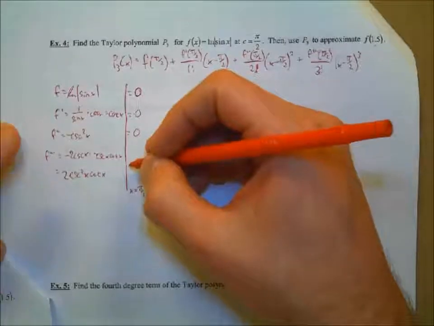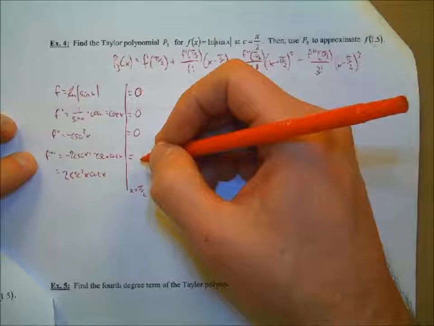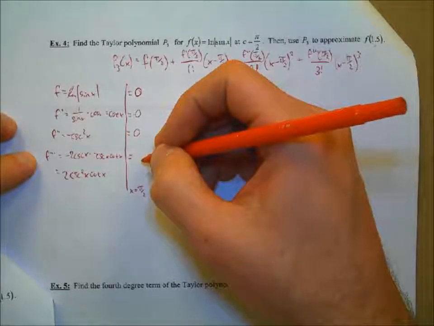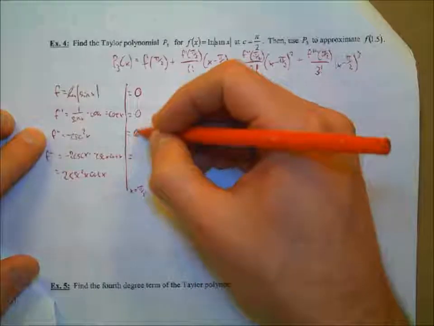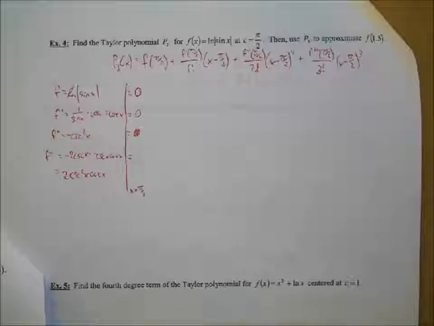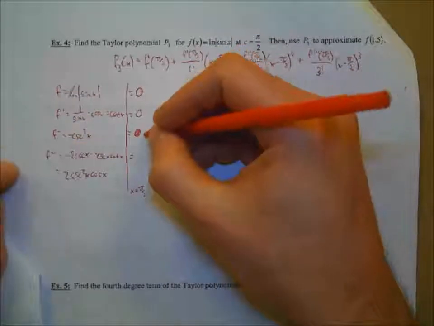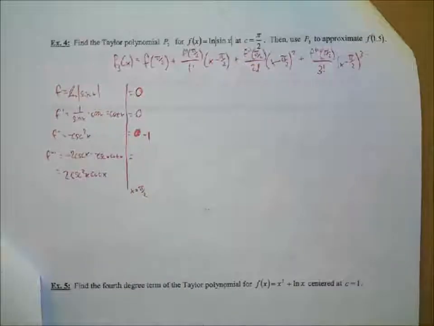And then here, oh, it's cosecant squared, sorry, I'm thinking cotangent again. Cosecant is 1 over sine. Sine at pi over 2 is 1, so it's 1 squared, which is 1, but then negative, so it's negative 1 there. My apologies.